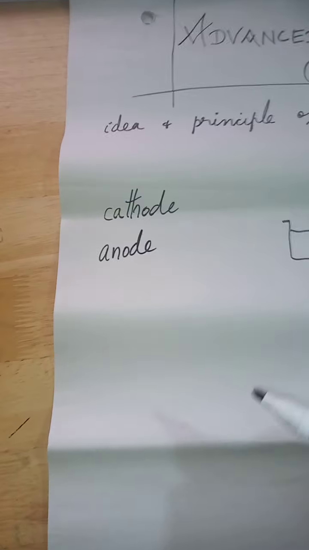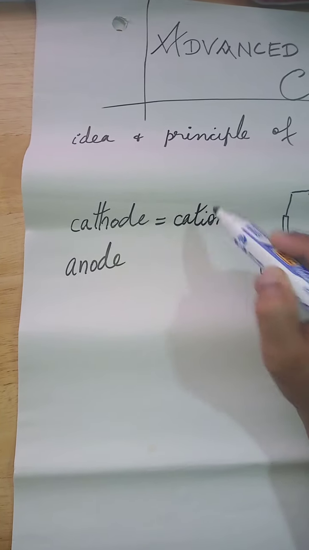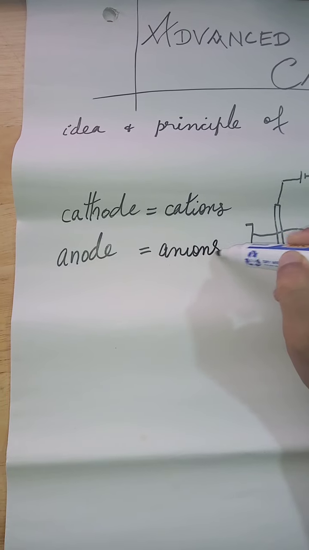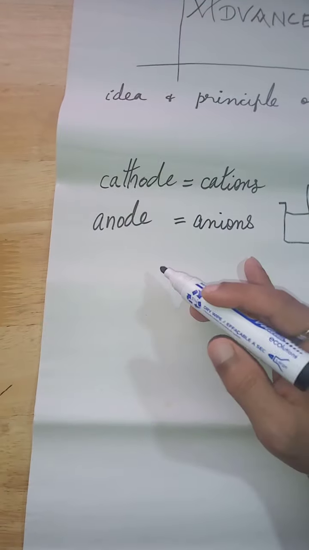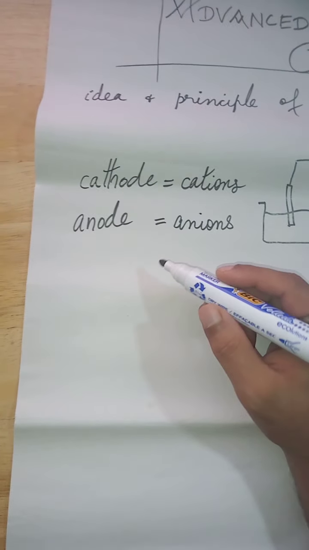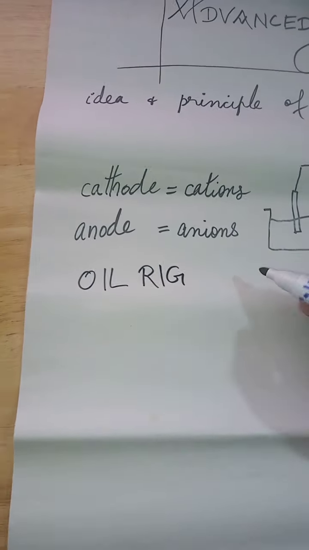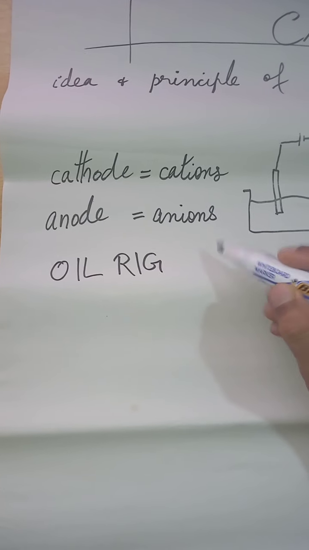One of them will be a cathode, where cations, like metallic ions, aggregate, and the anode is where anions acquire their metallic or non-metallic form. So cations will come back to their metallic form, and anions will come back to their non-metallic form. By the principle of OIL RIG, the cations will be reduced.